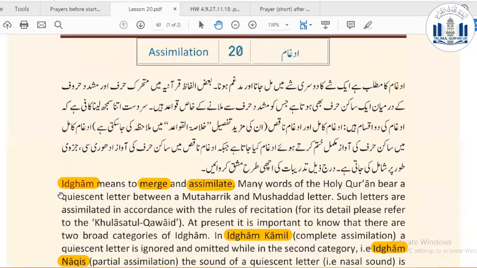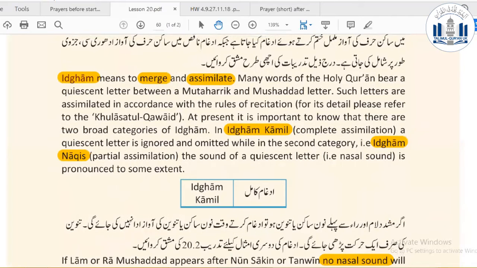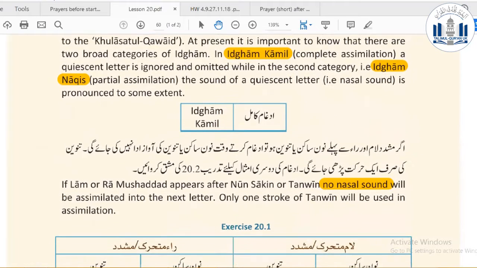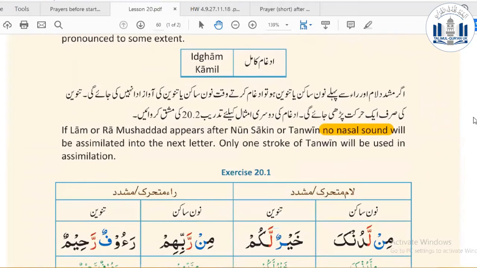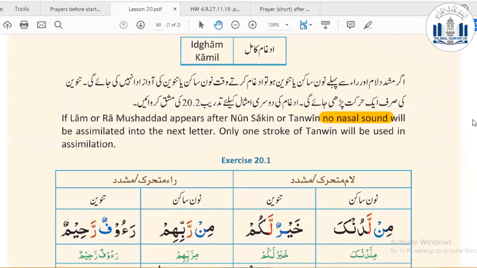Okay, so you learnt that idgham means to merge and assimilate. And you learnt that there are two broad categories of idgham: idgham kamil and idgham naqis.